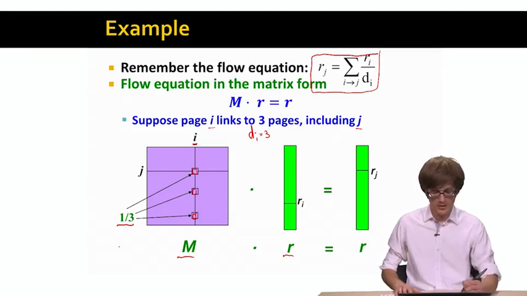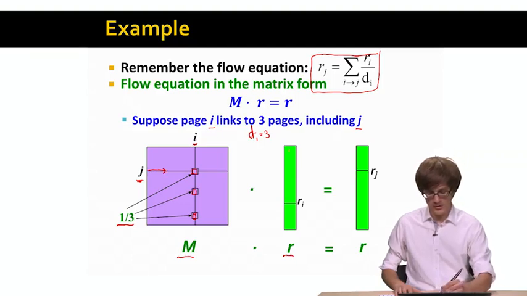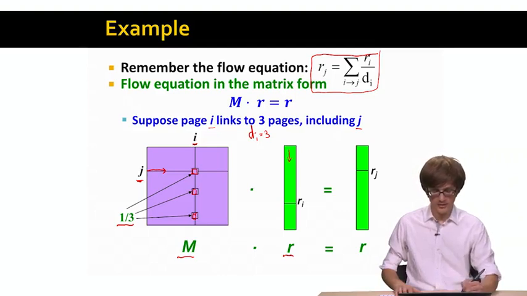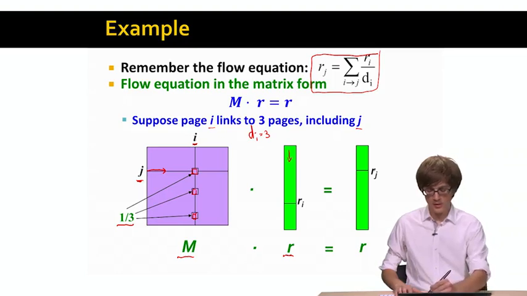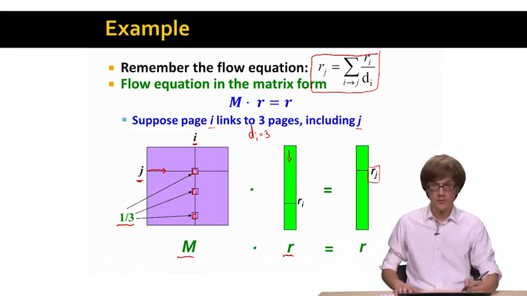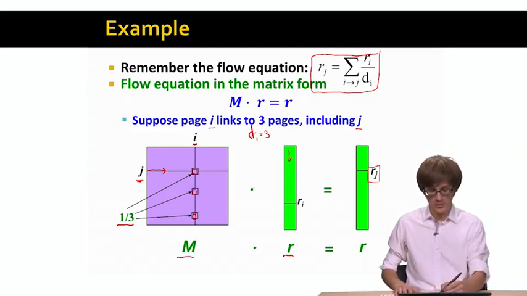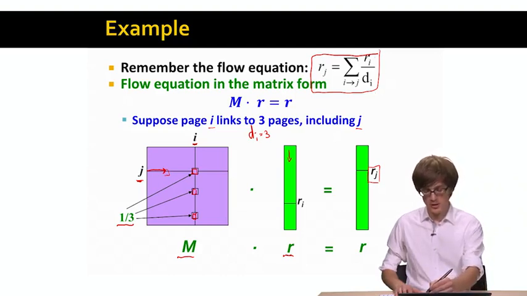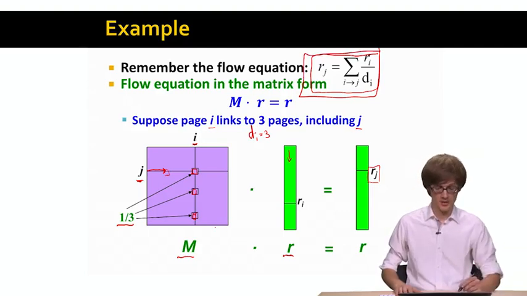So now imagine what happens when I take the jth row and multiply it with the vector R. When I'm scanning across the row here and scanning down the vector R, I'm basically computing the PageRank score of node J. The PageRank score of node J is the sum of the importances stored in R, divided by the out degree of the nodes that point to J. So this way, we take the initial equation that we had before and express it as a vector matrix product.